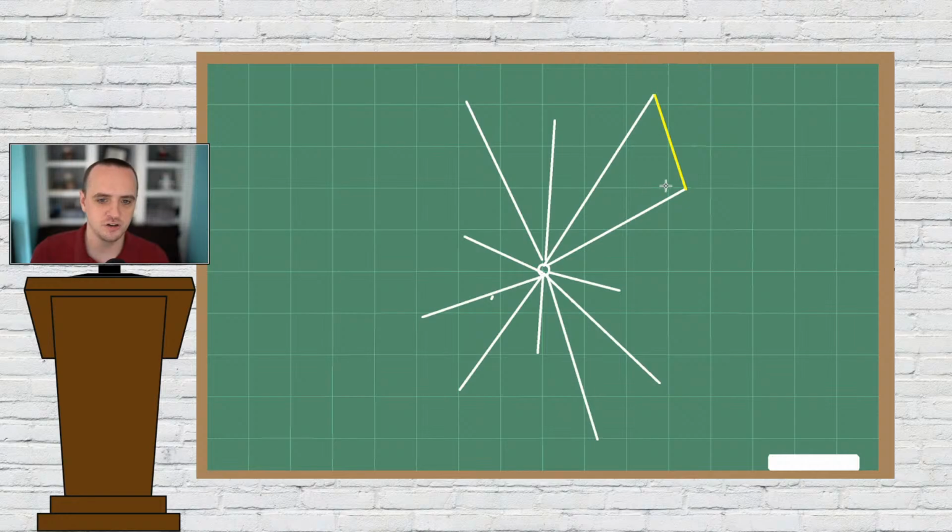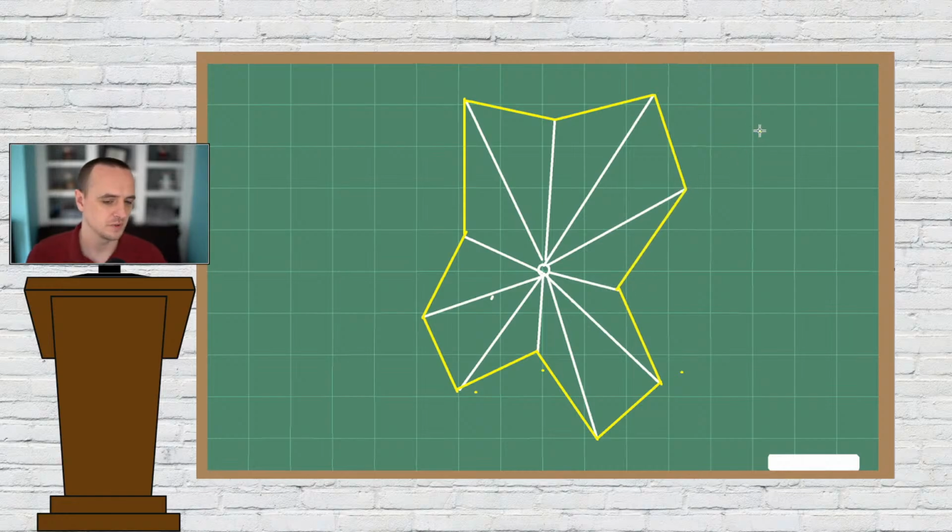So from the origin to the first to the second, then from the origin to the second to the third, then the origin third to fourth, origin fourth to fifth, origin fifth to sixth, sixth to seven, seven to eight, 8 to 9, 9 to 10, 10 to 11, and 11 back to 1. Okay? So that is how we turn those line segments into polygons.